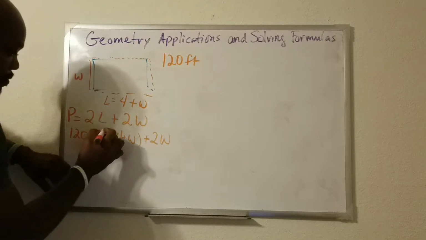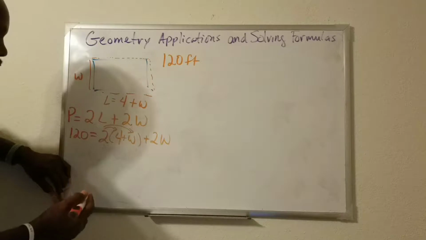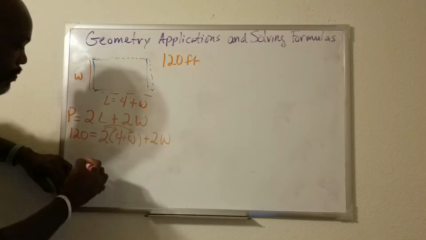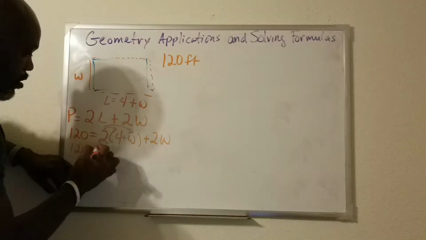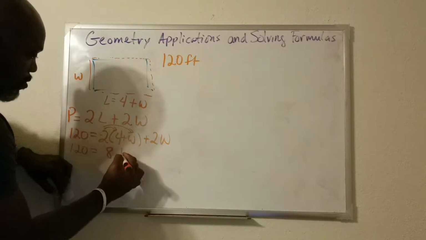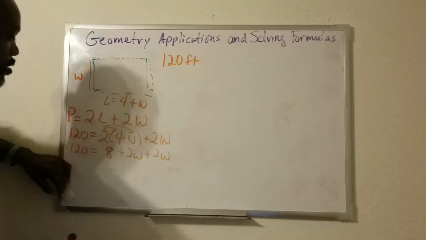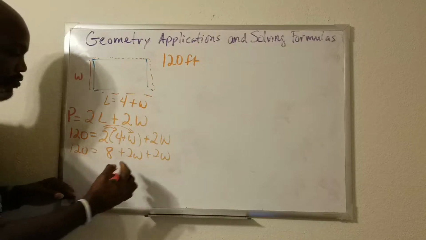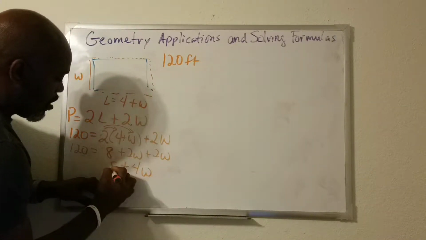In these formulas, you might want to get a formula chart from offline or in the back of your book. 2 times 4 is 8. 2 times W is 2W. So you have 2W plus 2W, 4W plus 8.